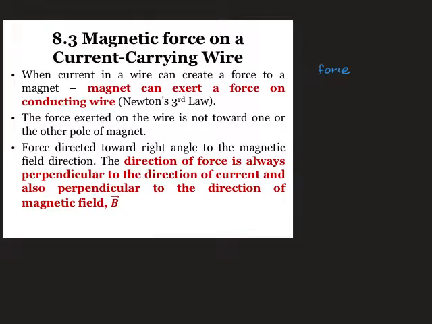So we are going to look at how to find the direction of the magnetic force based on the current and the magnetic field given, and also what factors are going to affect the magnetic force. The magnetic force is affected by the magnetic field strength, the current flowing inside the wire, and also the length of the wire exposed to the magnetic field.